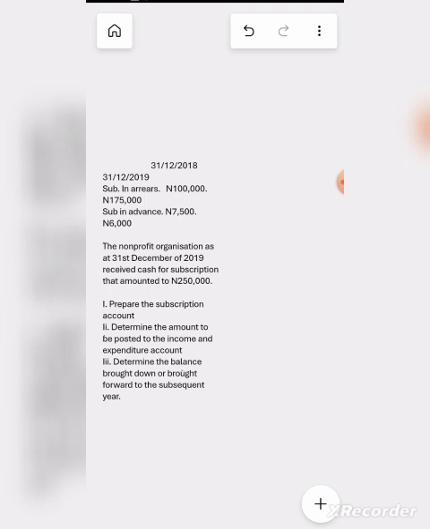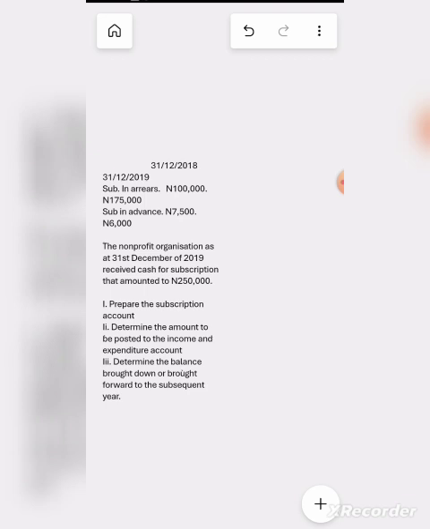So what we are saying now is that we need to prepare accounts that involve subscription in advance and subscription in arrears, and also derive the amount that is due to be transferred into the income and expenditure account.